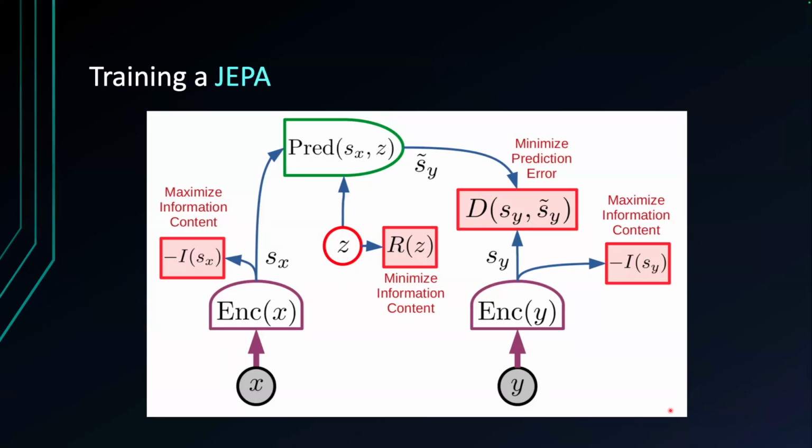Let's talk about minimizing the information content of Z first. To do that, we can make Z discrete. We can use a discrete vector space instead of something continuous, because continuous things could take a lot of values. Discrete can just take a bunch of values, not more than that.